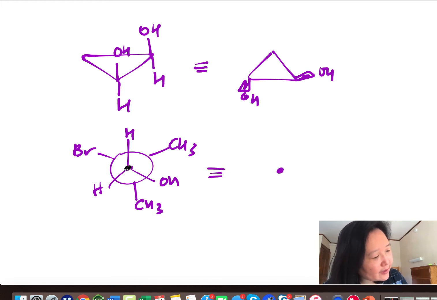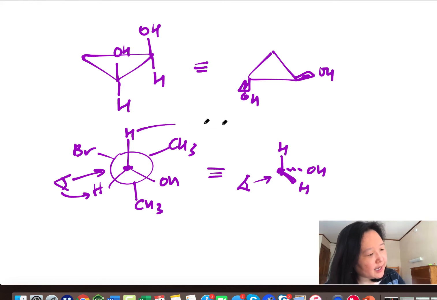And so here's this front carbon right here, and then I have my eye. Let's say my eye is looking down that front. So here's my eye, and so maybe my hydrogen is right in front of me, and my oxygen's behind, and here's my H going to the top here.